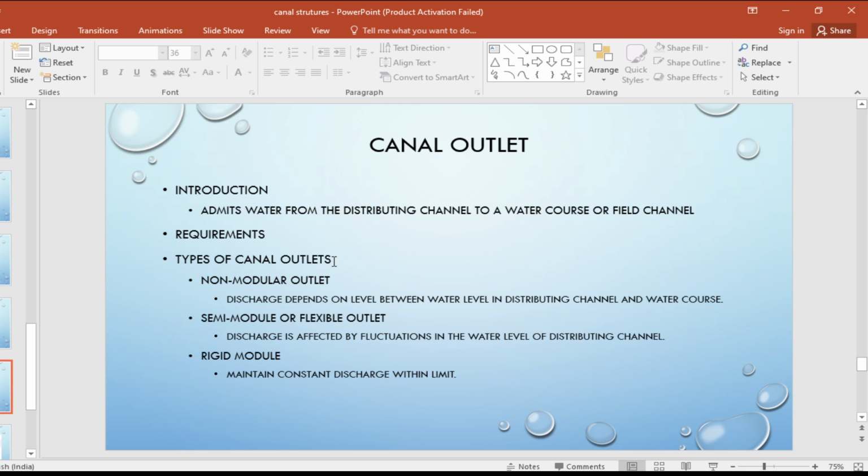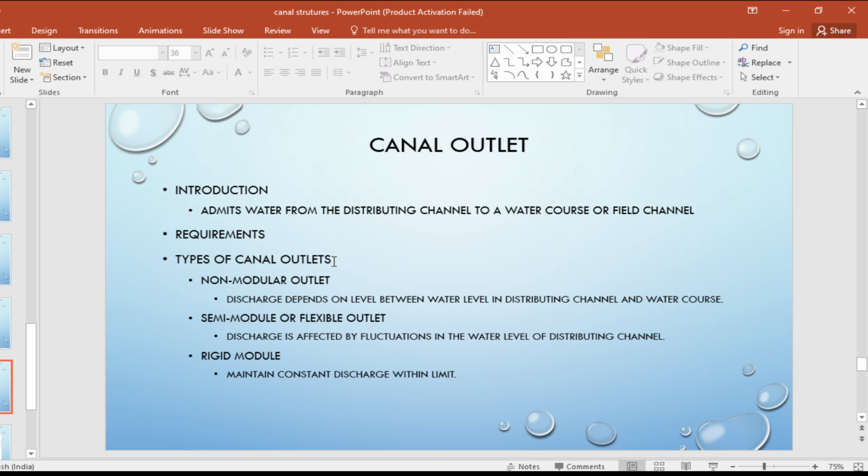These are the requirements of the canal outlet, because it is the structure which is the link between the whole canal system and the field channel, and it is the structure which is directly connected to the farmer or the local masons, so it should have some requirements to fulfill.